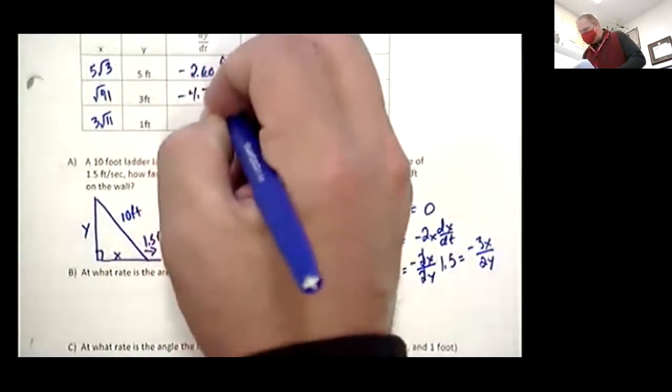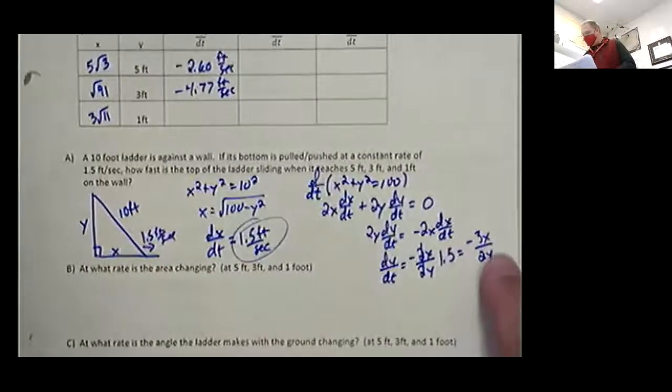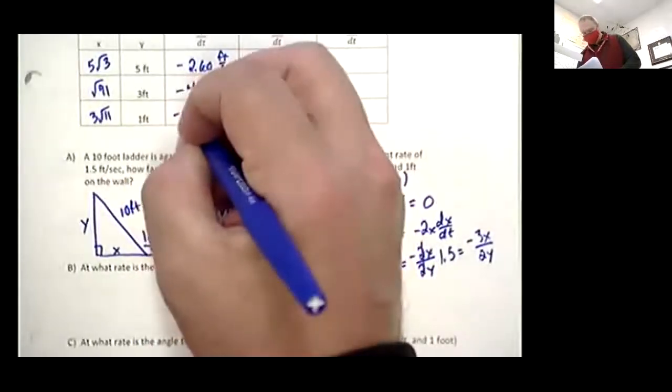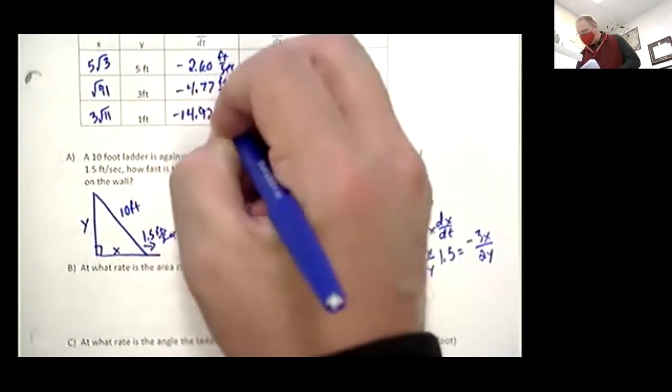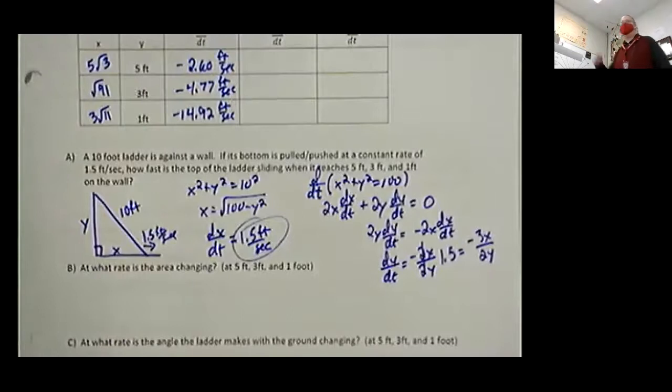And that should be negative 4.77 feet per second. And then negative 3 times 3 root 11 divided by 2 times 1. That should be a negative 14.92 feet per second. Why are all those negative? Ladder's going down, right? Top of the ladder is going kaboom.